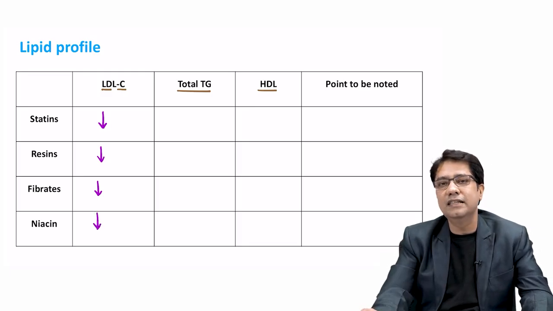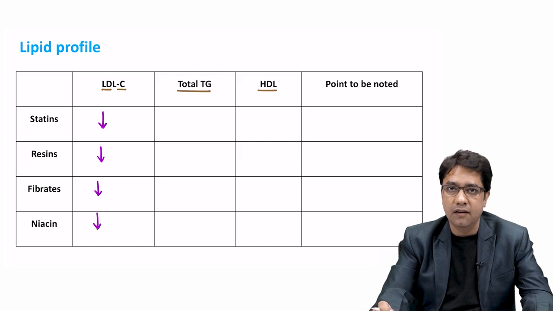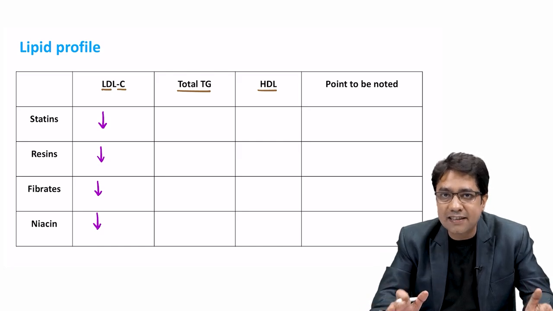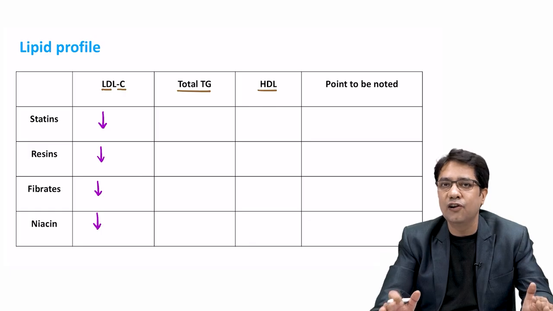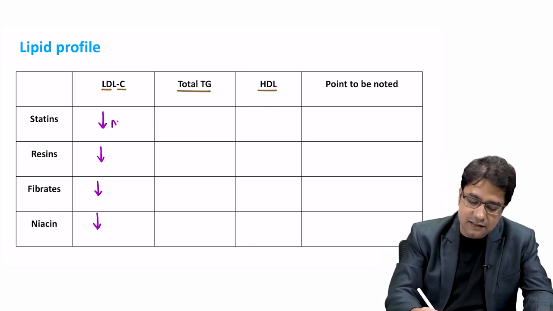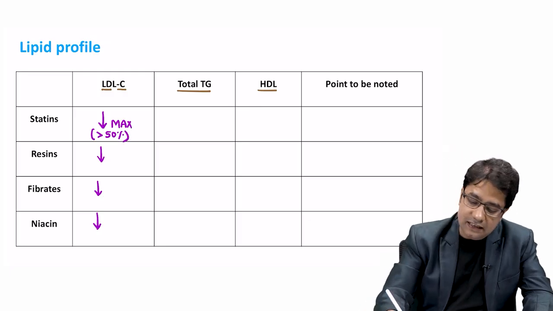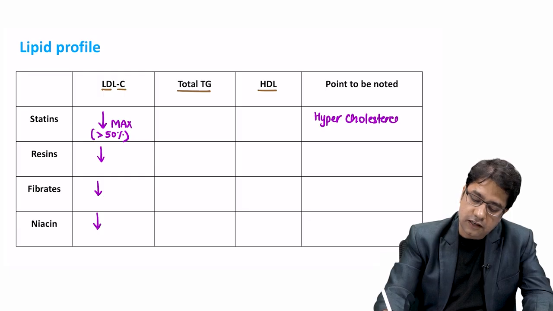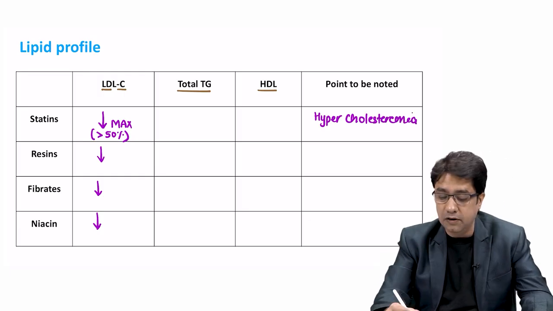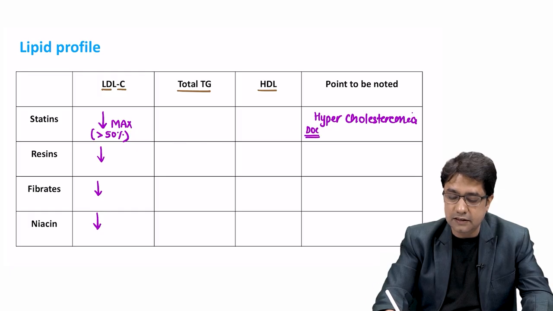Niacin can also decrease cholesterol level. But which drug causes maximum decrease in blood cholesterol or LDL level? The answer is statins. Statins can reduce blood LDL by more than 50%. That is why statins are the drug of choice for hypercholesterolemia.